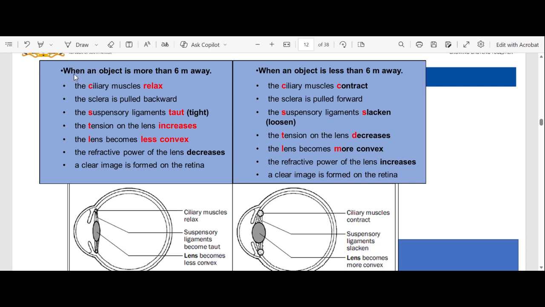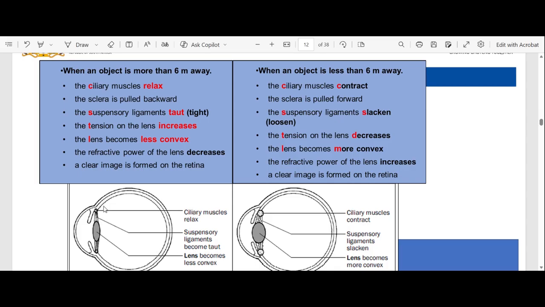So let's look at accommodation when an object is more than 6 meters away, right? More than 6 meters away. But before we start getting there, let's look at the structures that are involved in accommodation.